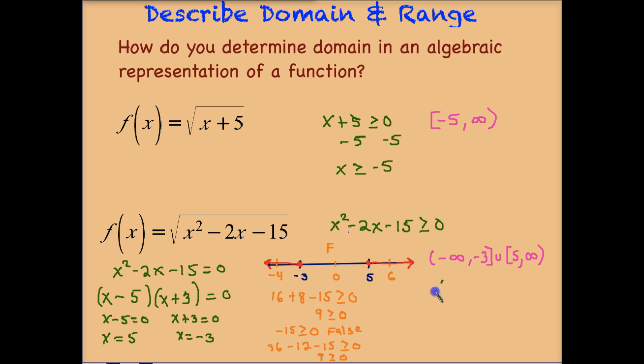Well, I can say that x has to be, oops, sorry, this first one is wrong, less than or equal to negative 3, or x has to be greater than or equal to 5. So now I've shown my domain with all three methods here. And that concludes our lesson on describing domains and ranges.